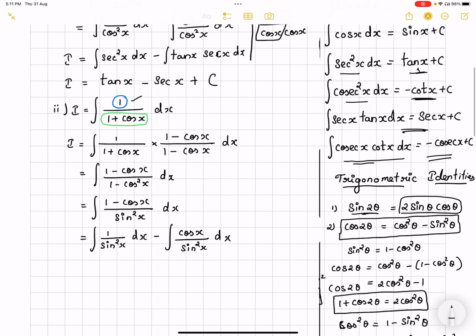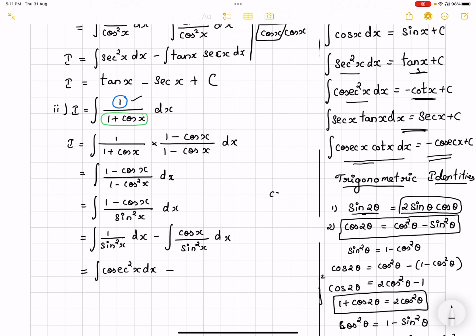Now 1 by sin square x is nothing but cosecant square. So integral cosecant square x dx, and then minus, here what we have is cos x divided by sin x into sin x. This is going to be cot x into cosecant x.